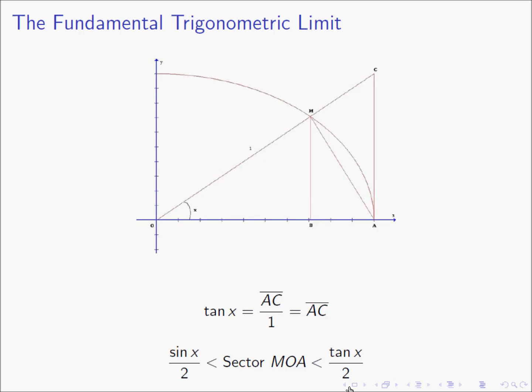The only thing left to do is to replace this area of the sector. To do that we're going to remember how to calculate the area of the circular sector. The area of the circular sector is given by this formula here. Here theta is the angle of the circular sector, and r is the radius. A simple proof of this little formula is the following. Consider that if you have a circular sector of angle 2 pi, the area is the area of the circle, that is pi times radius squared.